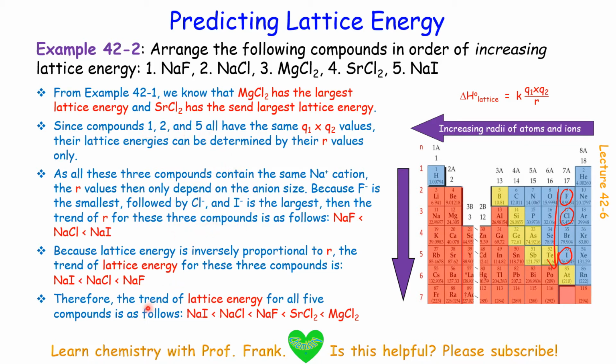So we are ready to give the trend of lattice energy for all 5 compounds. That should be sodium iodide has the lowest lattice energy, while magnesium chloride has the largest lattice energy. This is how you predict the trend of lattice energy in a group of ionic compounds.